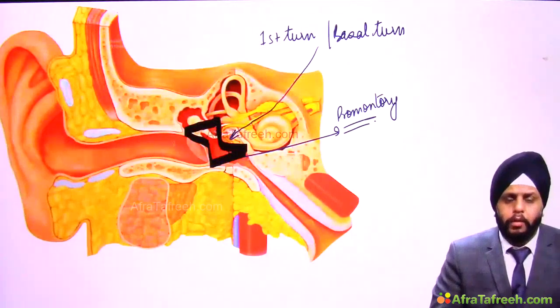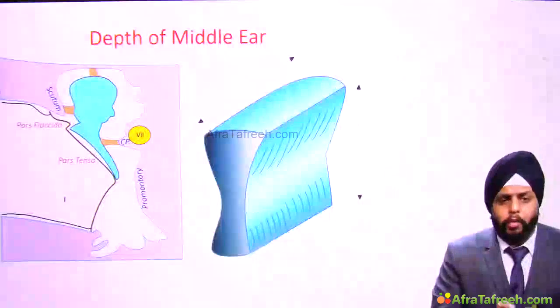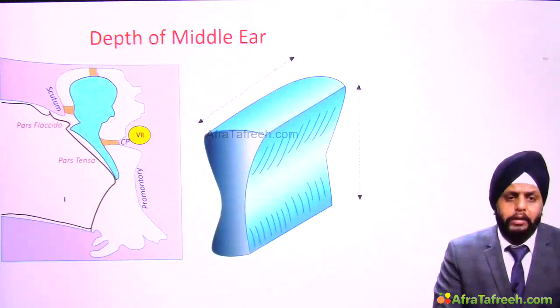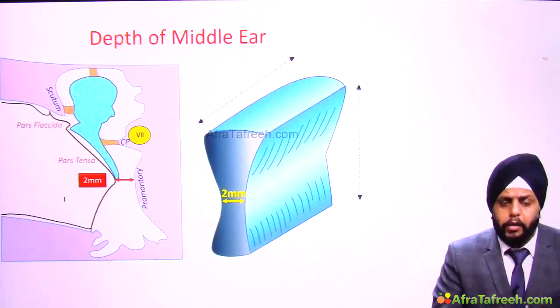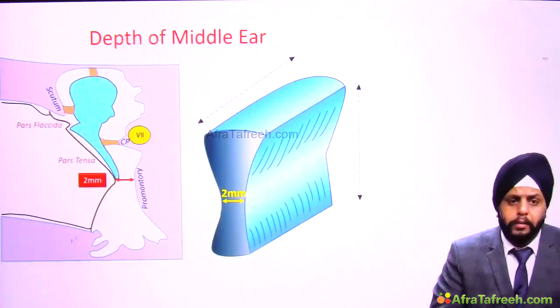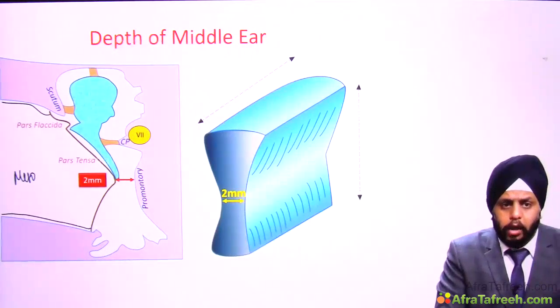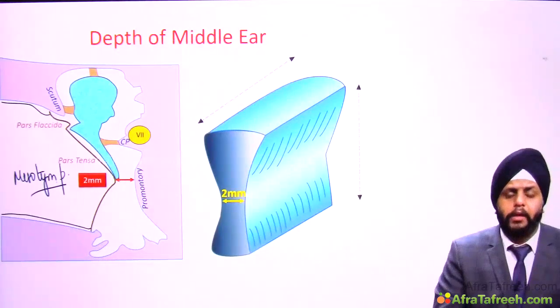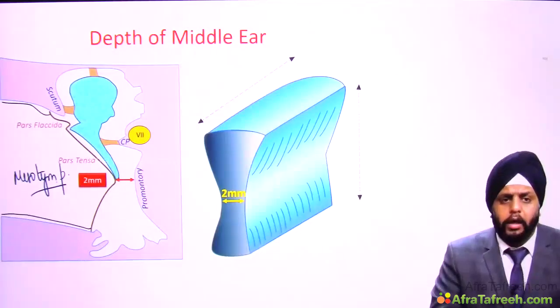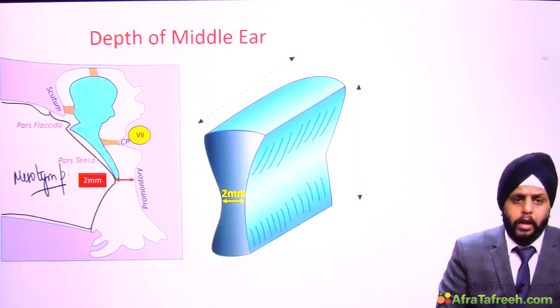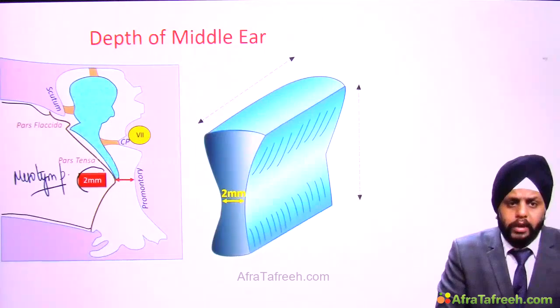So let's go to this diagram. Now when you look at this diagram, you can see that this part of the middle ear, the mesotympanum, has become the narrowest part of the middle ear. This question comes in the exam: narrowest part of the middle ear, answer is mesotympanum, and this is only 2 millimeters.